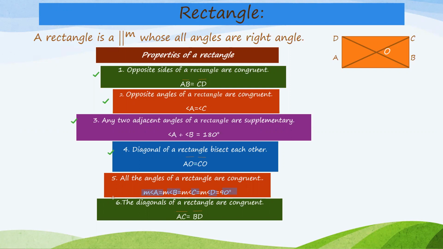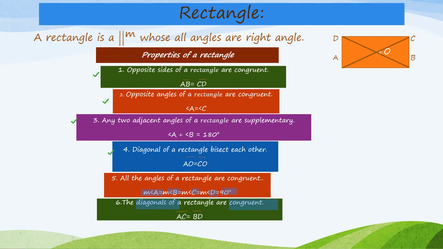Okay. So the last property of rectangle is again of diagonals. The property is that the diagonals of rectangle are congruent.